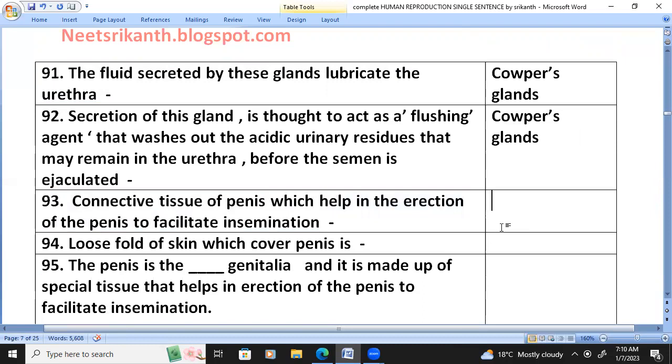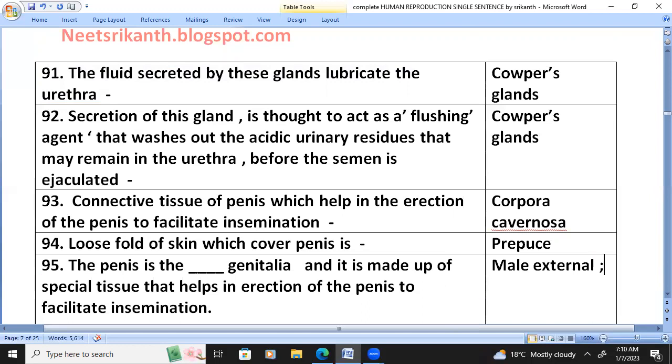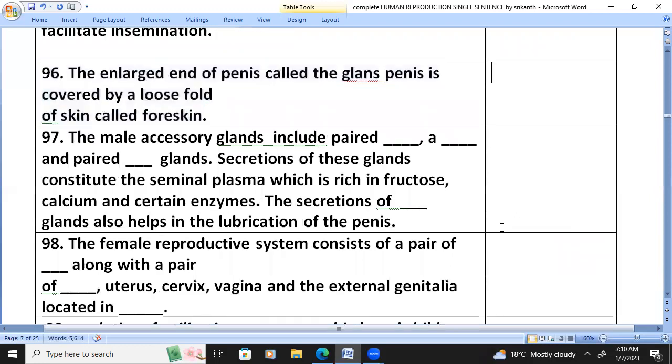Connective tissue of penis which helps in the erection of the penis to facilitate insemination is corpora cavernosa. Loose fold of the skin which covers the penis is prepuce. The penis is the male external genitalia, and it is made up of special tissue that helps in erection of the penis to facilitate insemination.